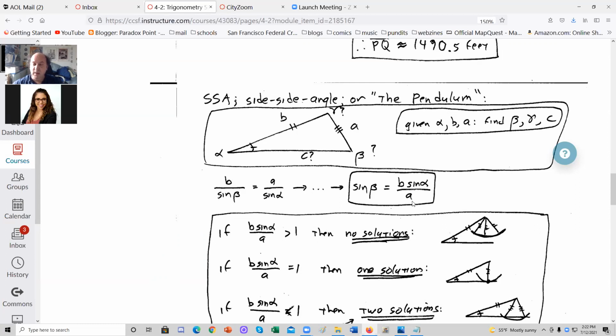The trouble is, if this is greater than 1, then there is no angle beta which equals that bigger than 1 number. So if B sine alpha over A is bigger than 1, then there are no solutions.